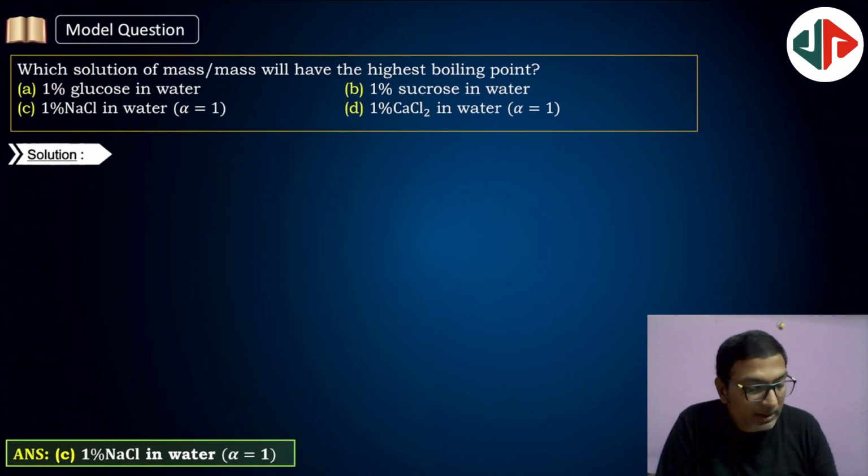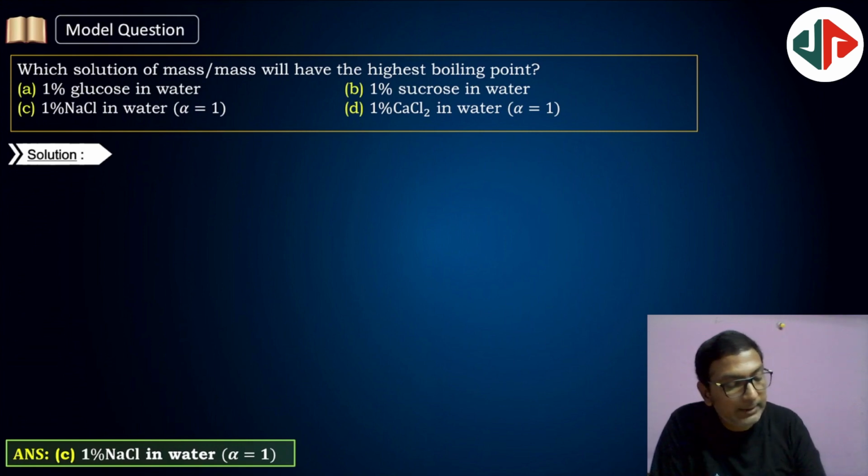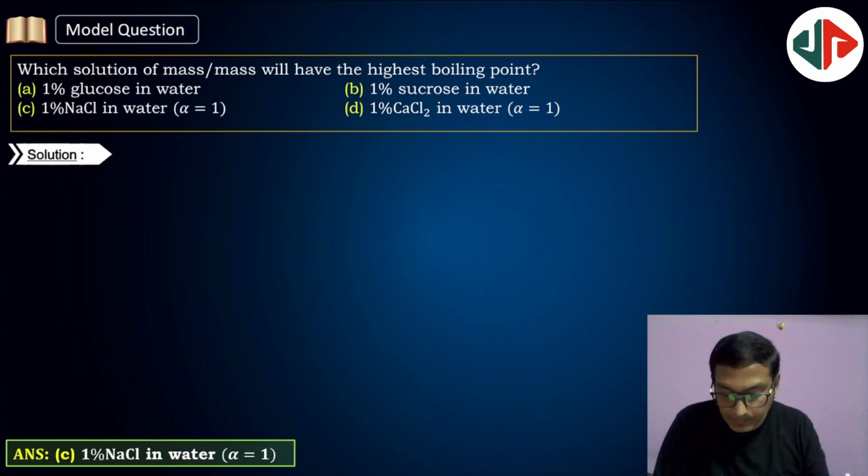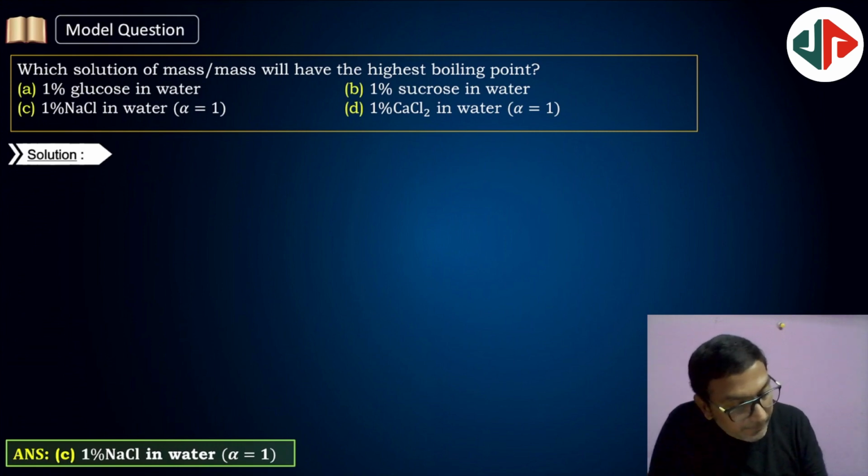Which solution of mass by mass will have the highest boiling point? So calculate the van't Hoff factor here. Glucose, i value 1.